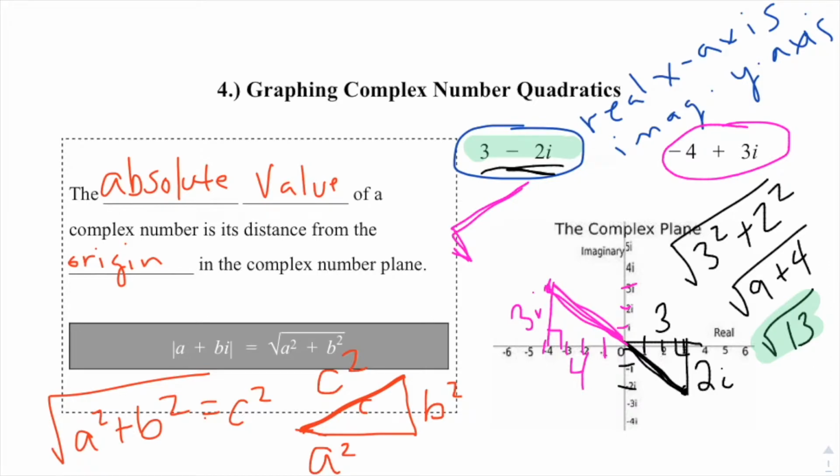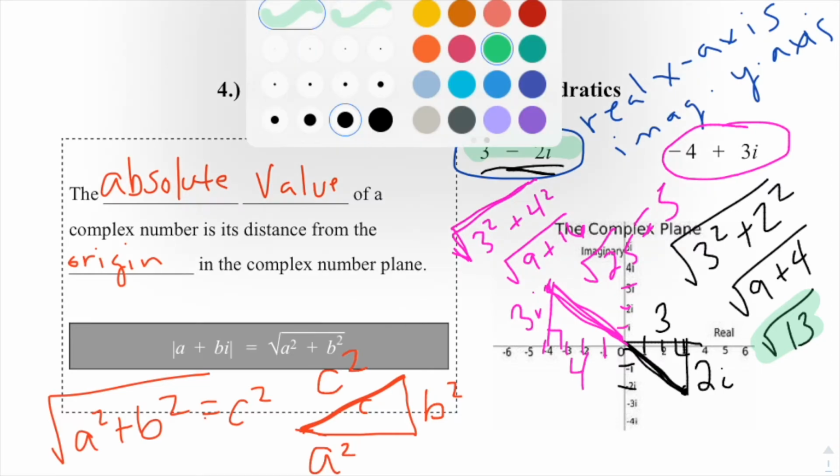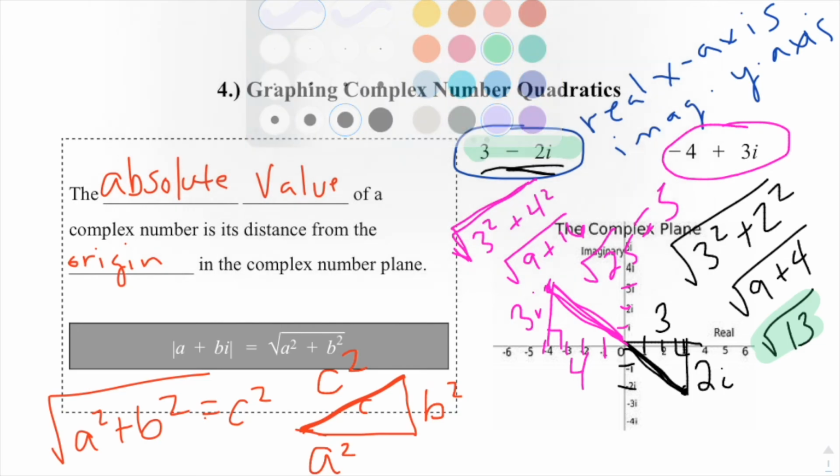We would have the square root of 3 squared plus 4 squared, which is the square root of 9 plus 16, which is the square root of 25, which equals 5. So the distance from the origin for the second complex number is 5.